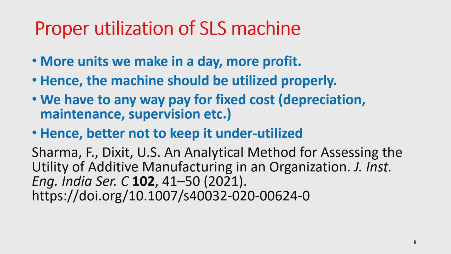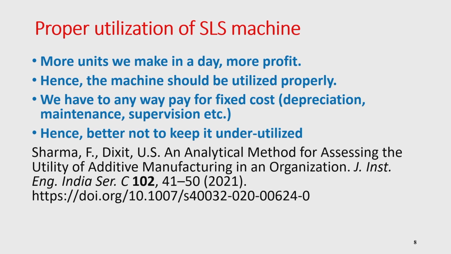We have to anyway pay for fixed cost, depreciation, maintenance, annual maintenance, periodic maintenance that you have to do every 3 months, and supervision, a supervisor is required, that payment has to be made. Hence it is better not to keep it underutilized. So in order to reduce the fixed cost, its utilization should be sufficient, so that your fixed cost gets distributed among various units.